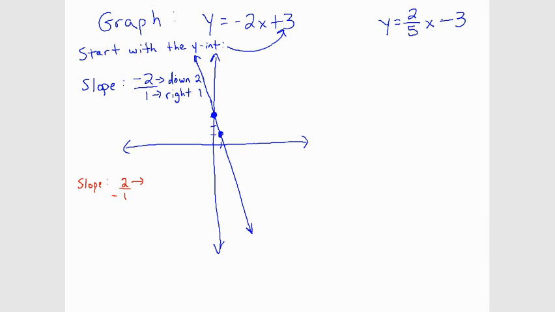So we could say that this is up 2 and left 1. And if we do that, we can see we count off 1, 2, and left 1, and we would get the same exact line. We'd get a point on that line.